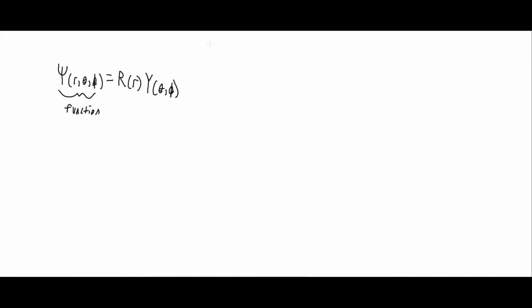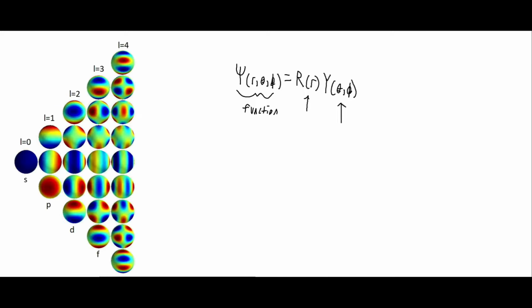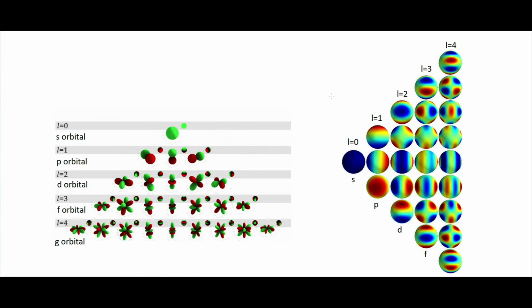And so what we can do then is look at these two different things, the radial and the angular part of this equation. With the angular part, as I said, we got the spherical harmonics, and they look like this.